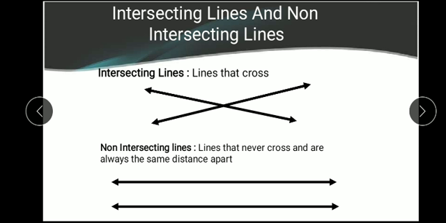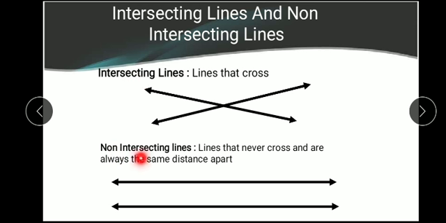Intersecting lines and non-intersecting lines. Intersecting lines means lines that cross. You can see these two lines cross. If any lines cross each other, two or three lines, those lines are called intersecting lines.